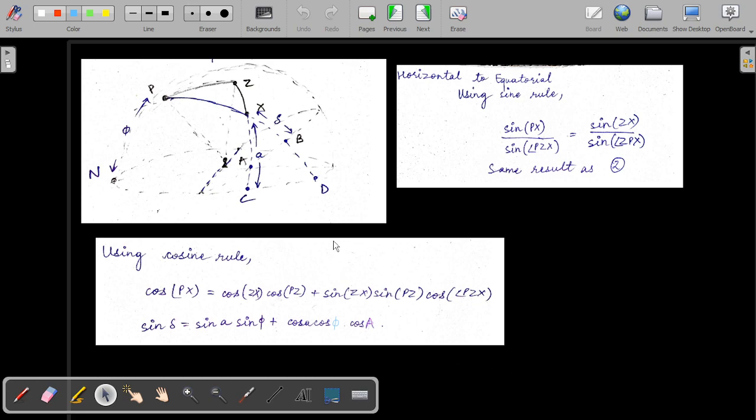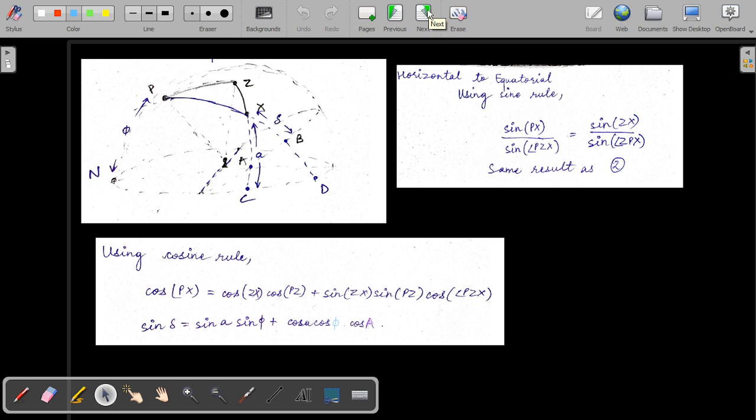In this case you have to find the declination as it is horizontal to equatorial. So yeah, you use the cosine rule again. I'm not gonna explain this, just look at this. Using the sine rule, you obviously get the same result as the previous result.